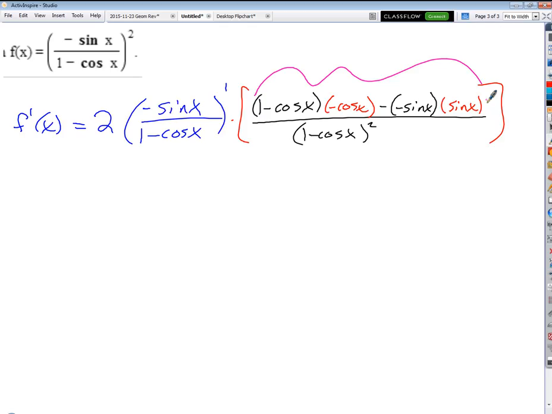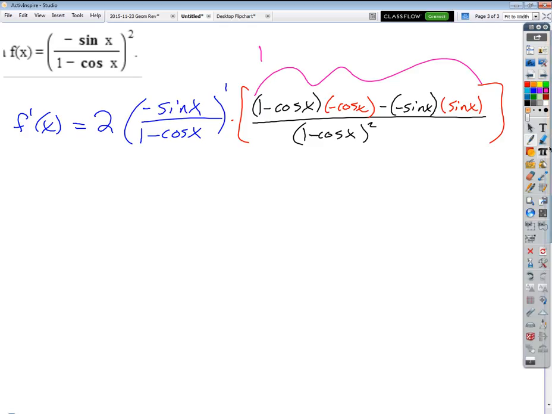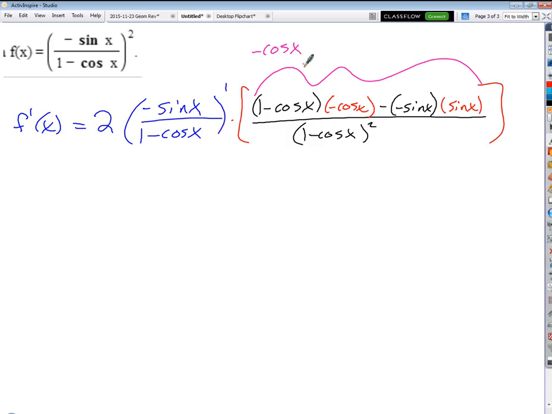If we simplify all this, we're going to get negative cosine x when I distribute the negative cosine x, plus cosine squared x, minus negative sine squared, so that's plus sine squared x. But what is cosine squared x plus sine squared x? That's 1.